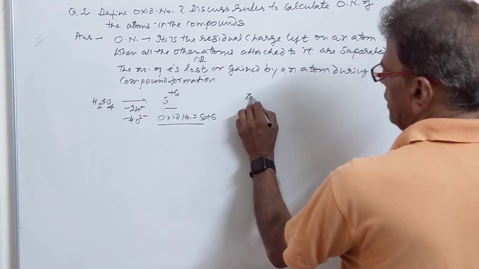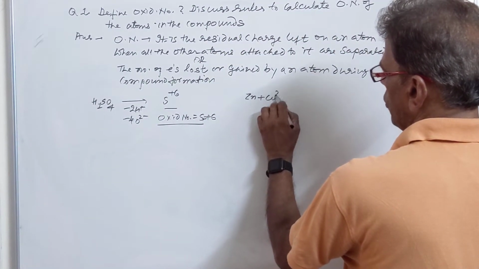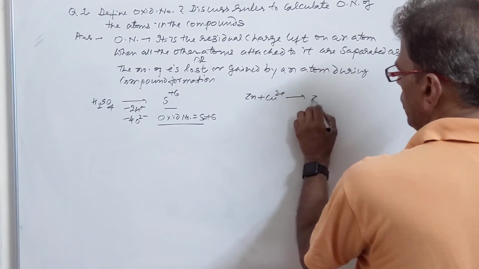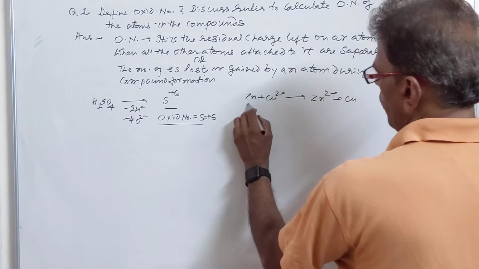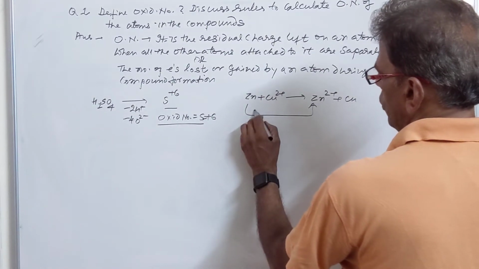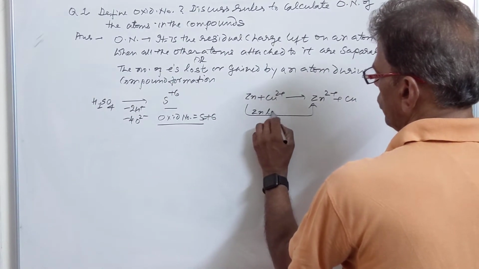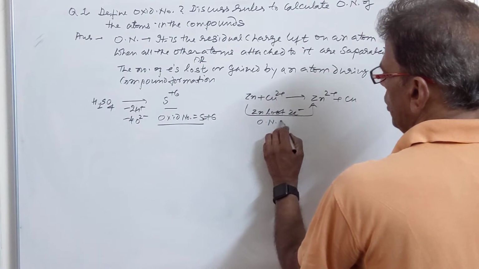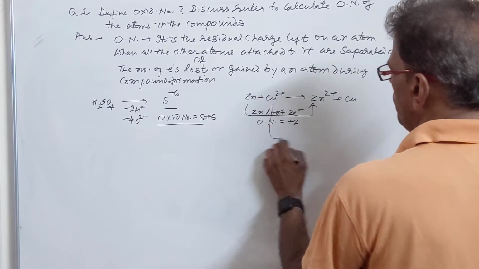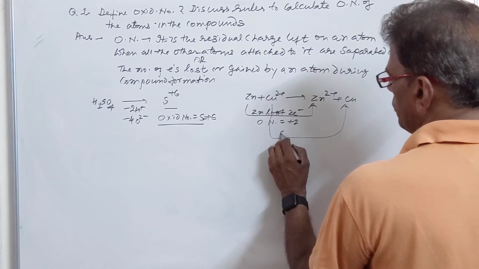Similarly, we are saying the number of electrons lost or gained by the atom during formation of a compound or during a reaction. So zinc lost 2 electrons, and the oxidation number will be positive now. Copper gained 2 electrons.